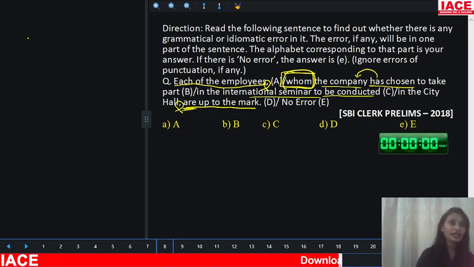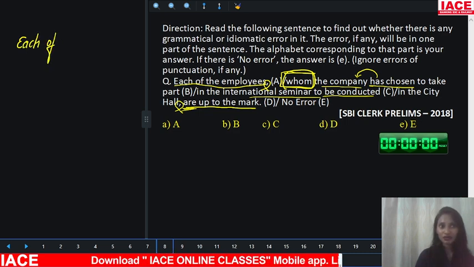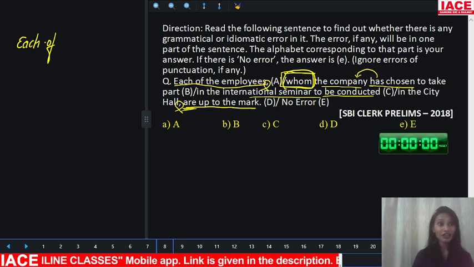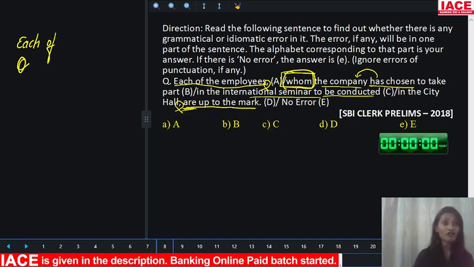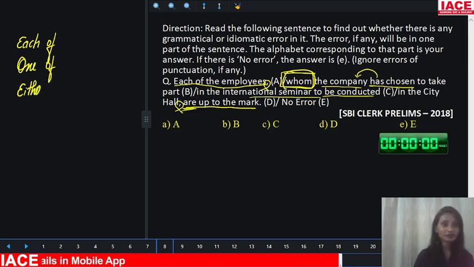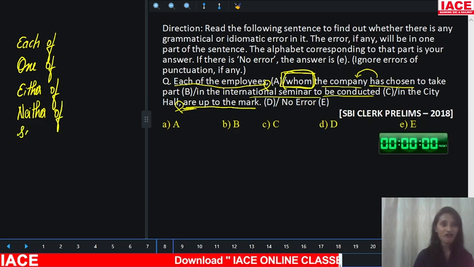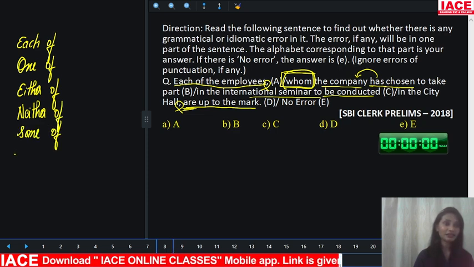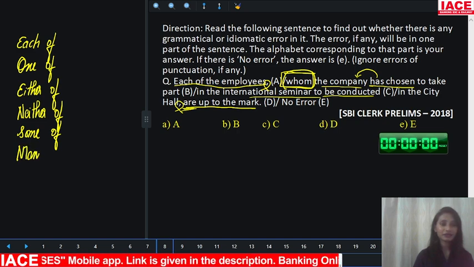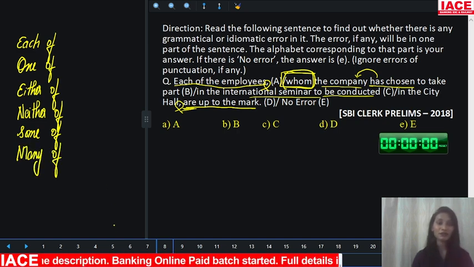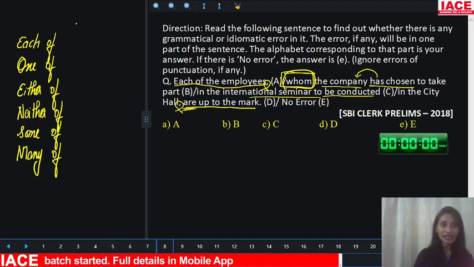Now, each of. Already we discussed this when I discussed one of. So, each of, one of, either of, neither of, some of, many of. Do you remember this concept which we have discussed? They generally take a noun in plural.